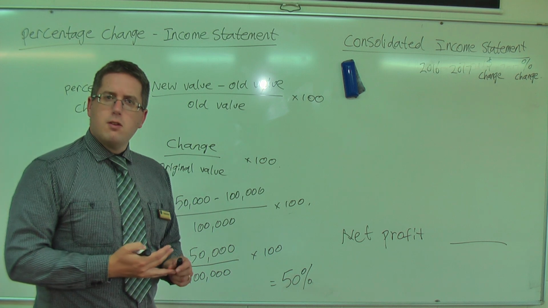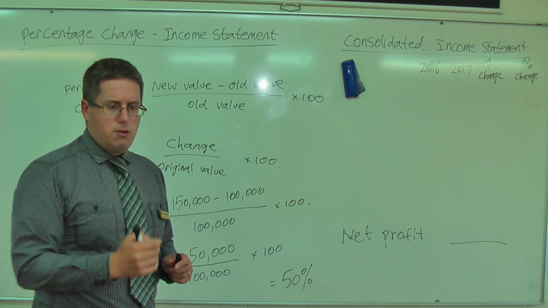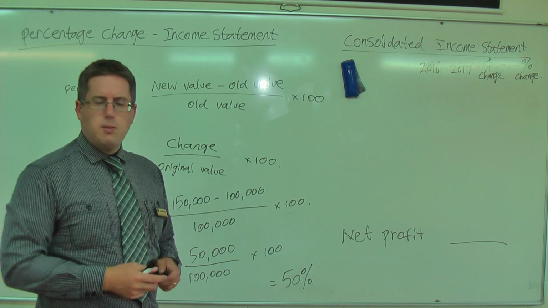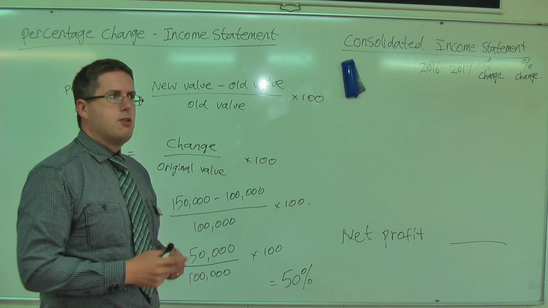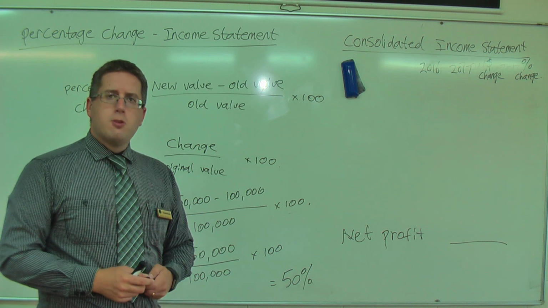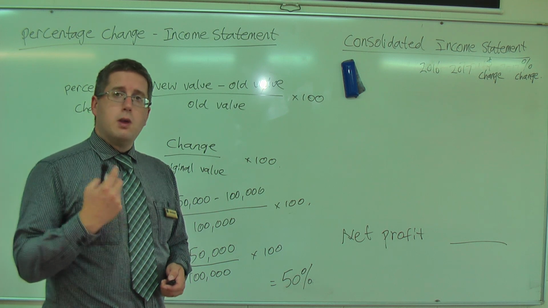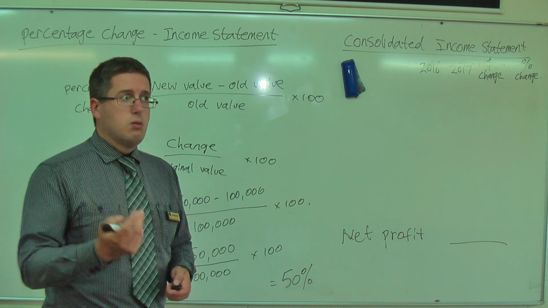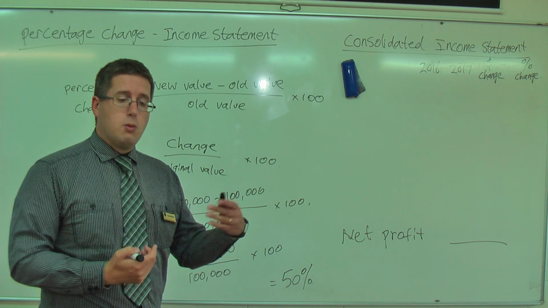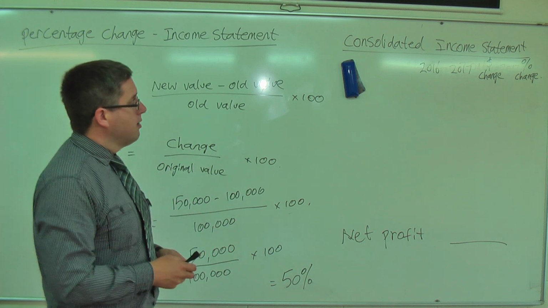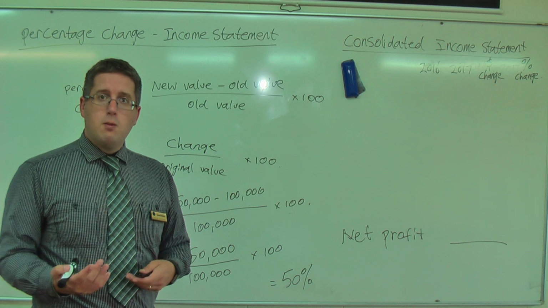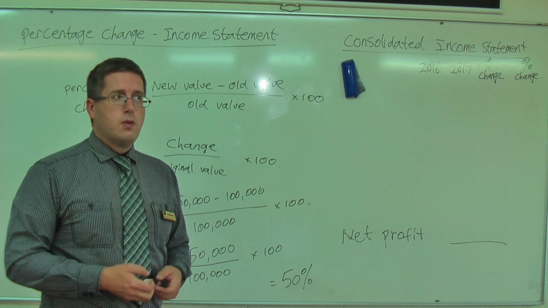So we're going to look at how much it has changed. Then we start to do some analysing questions on PowerPoint. Why has there been a change? These are only possibilities. You don't know the exact details, but you can have a guess: maybe it's because of this, or it could be because of this. And start to think, is this change favourable or unfavourable?